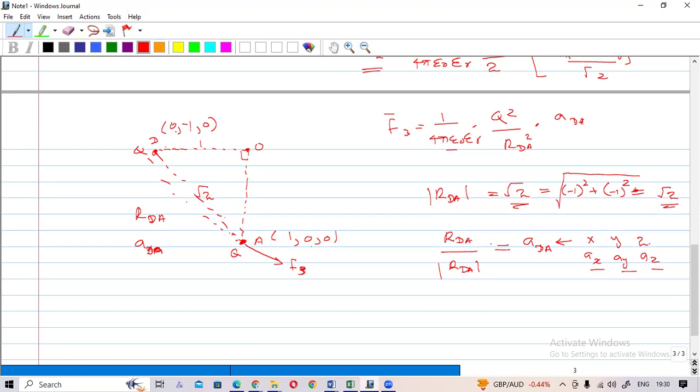Just try for 5 minutes to find this unit vector ADA by means of AX, AY, AZ. It is also very easy.